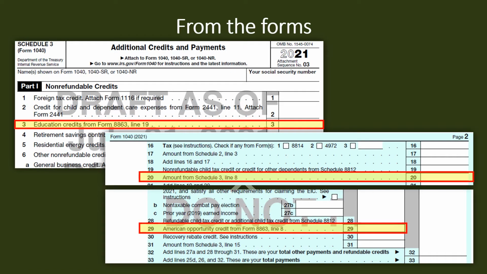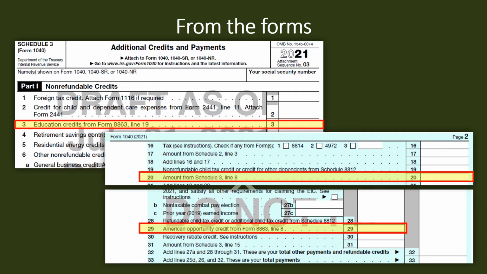After Form 8863 goes through some calculations and asks some qualifying questions, then the credit amount flows onto Schedule 3, line 3, education credits from Form 8863, line 19. But that's actually just the non-refundable portion. So if our taxpayers also had a refundable portion of that American Opportunity Credit, that one actually flows directly onto the Form 1040, page 2.